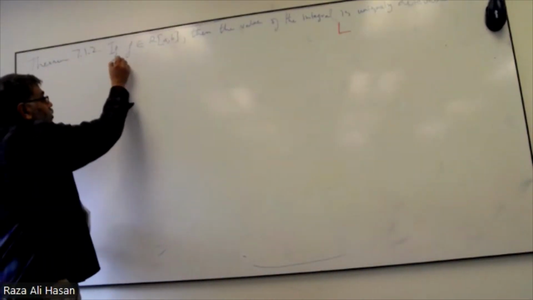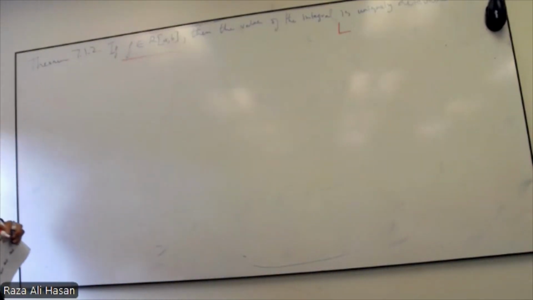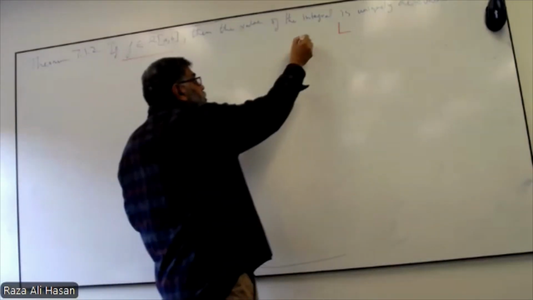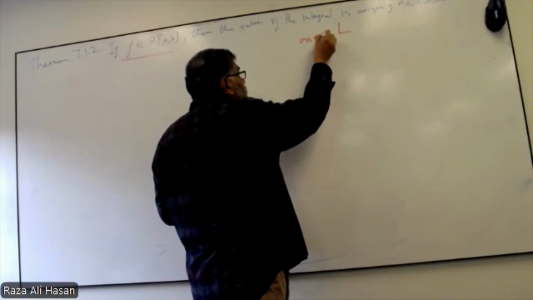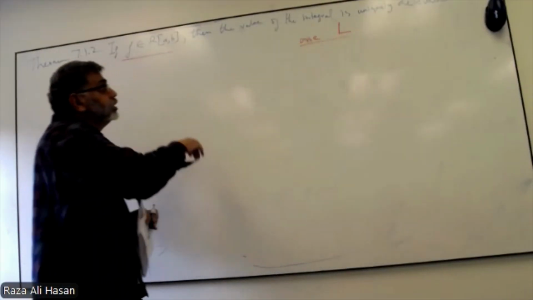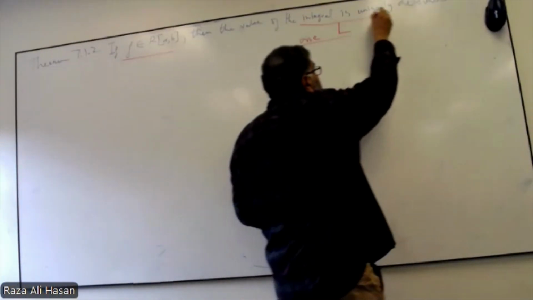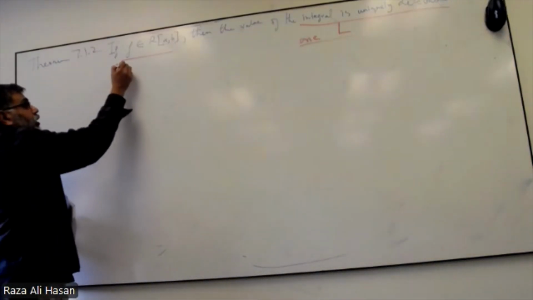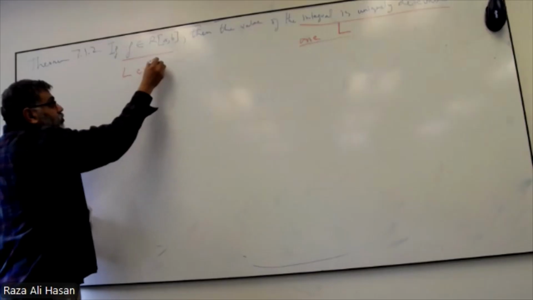So over here we have, and how do we rewrite this? What is this saying? This is saying 1L, this bit here, and this is saying that L exists.